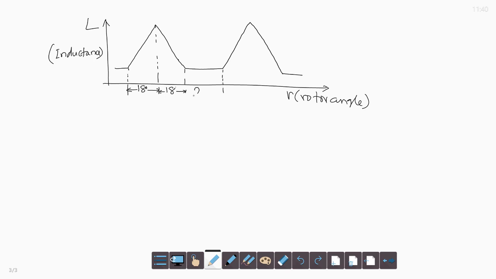This angle will be 24 degree and this angle is one rotor pole pitch. So, this is 60 degree, because the rotor pole pitch is 60 degree, and this angle is 42 degree.